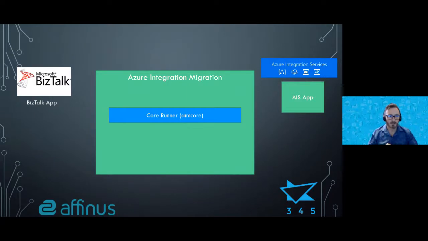Each of those stages is effectively implemented as an interface that's defined in the core runner, and when you create components, you implement those interfaces. So if you've got something that is going to parse a particular BizTalk artifact, you'd implement the IParse interface, for example.